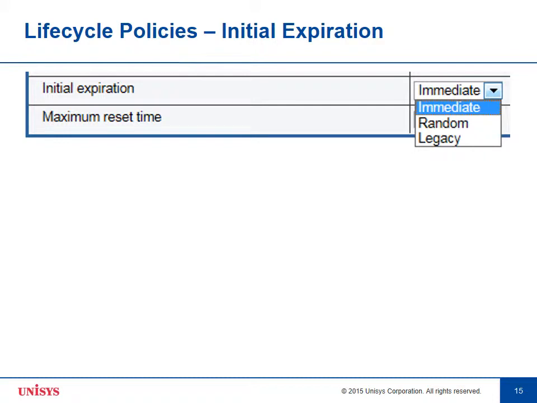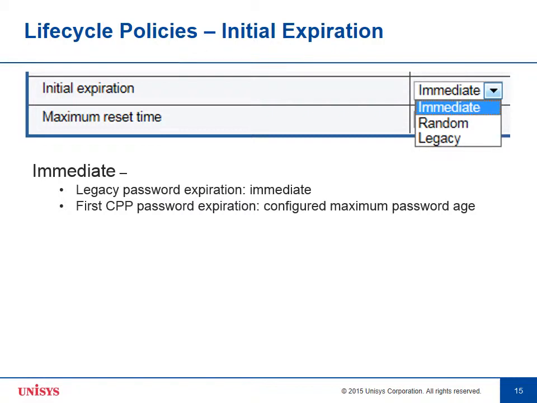You can select a value to determine the expiration period of the first configured password profile's password for a user ID. If it's immediate, then the legacy password immediately expires, and the expiration period for the first configured password profile's password is set to the configured maximum password age.